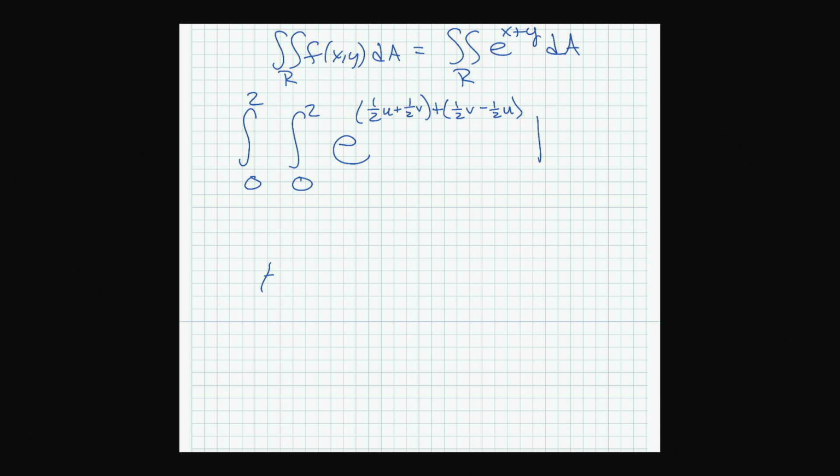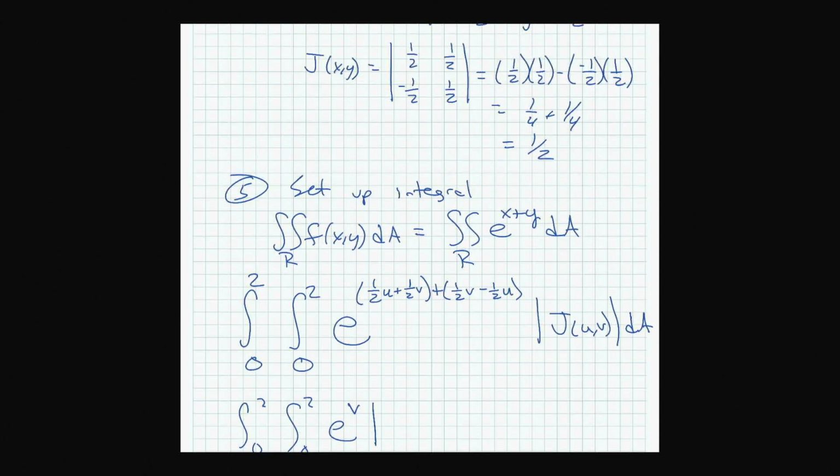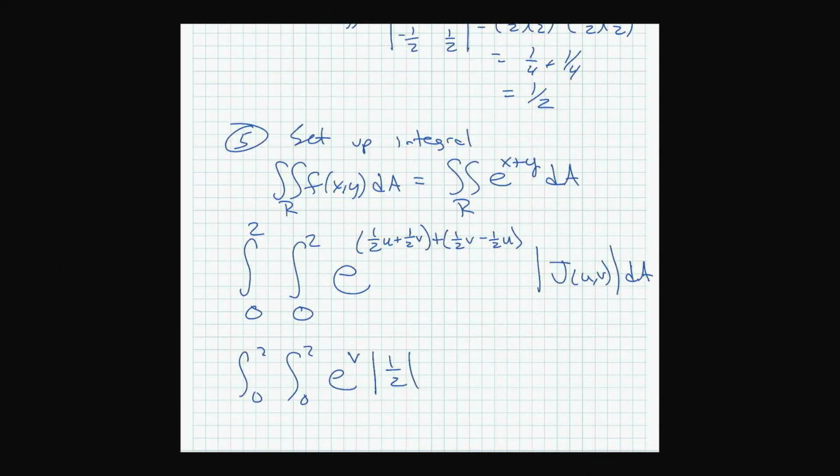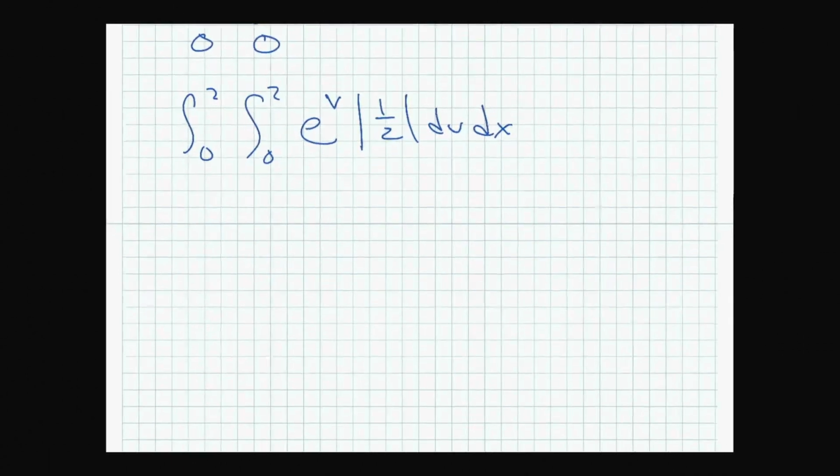Then you have the absolute value of the Jacobian, and then your dA. So it's 0 to 2, 0 to 2, e to the, 1/2 u minus 1/2 u cancel, 1/2 v plus 1/2 v is just v. Then the Jacobian was 1/2, in absolute value, and then your dA, it doesn't matter which order, both are 0 to 2. So that's the integral you actually have to do.